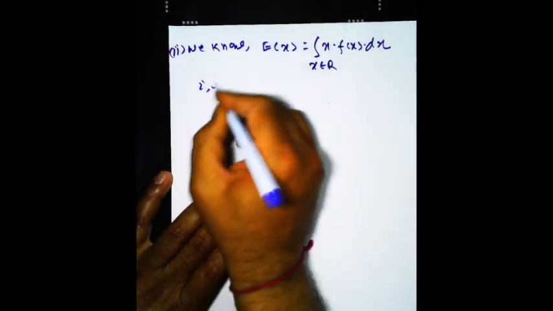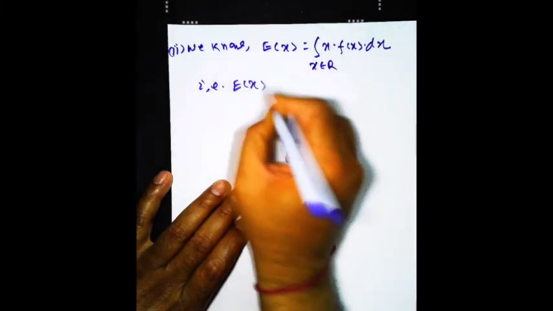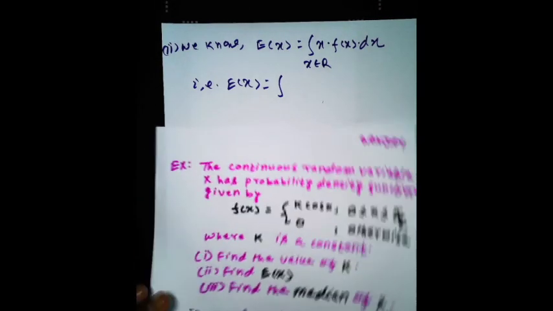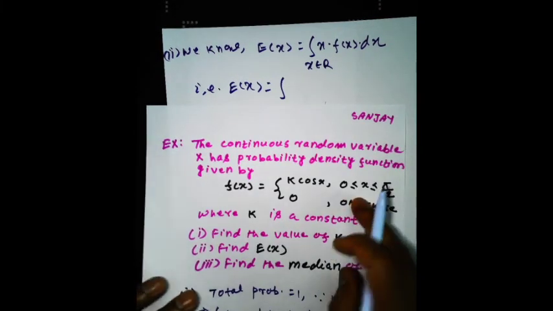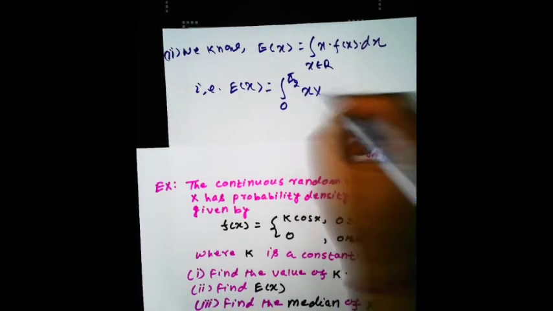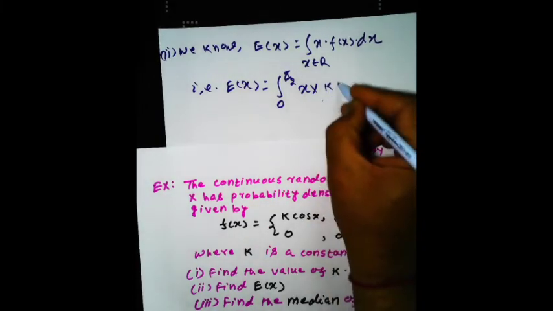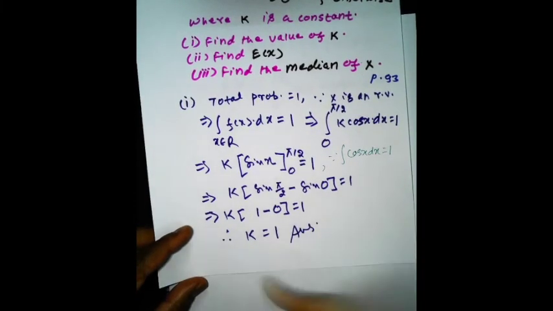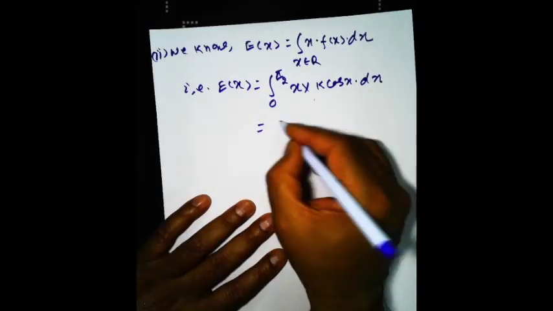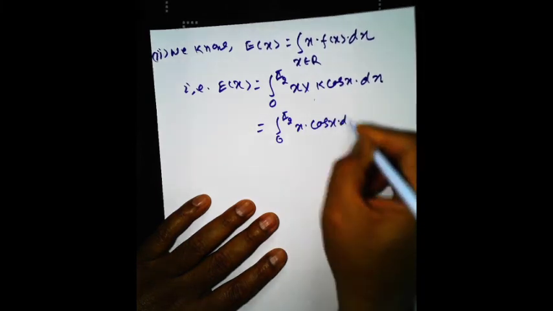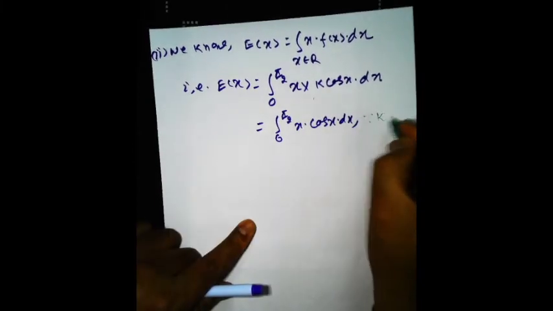So that is expectation of x equal to the sign of integration, and the range of values of x within which we have to integrate the function is 0 to pi by 2. So we write here 0 to pi by 2, then we have x, and then f(x) equal to k cos x dx. And we have already seen that the value of k is 1.